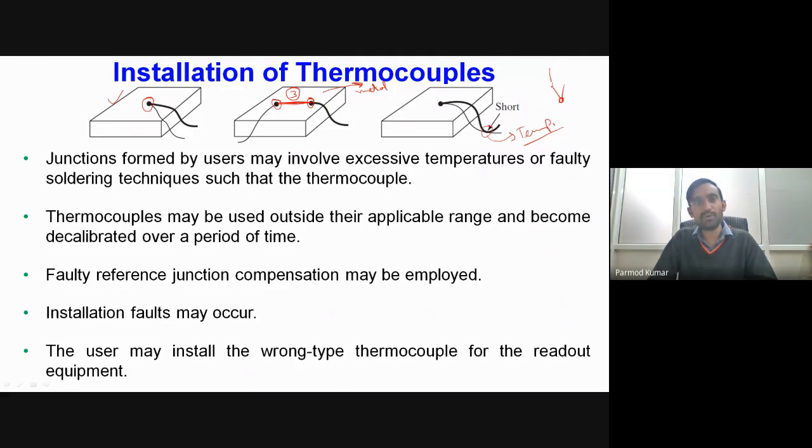Moreover, one more important thing to consider is that when we purchase commercial rolls of wire to prepare our thermocouples, depending upon the grade of the wire, we will have different error limits and uncertainties associated with the measurement of temperature.